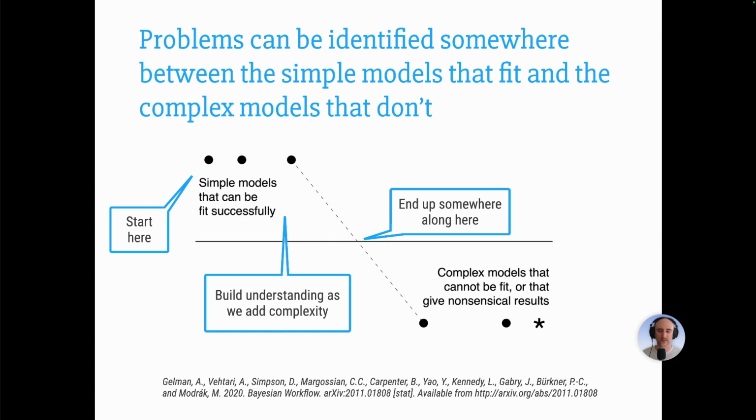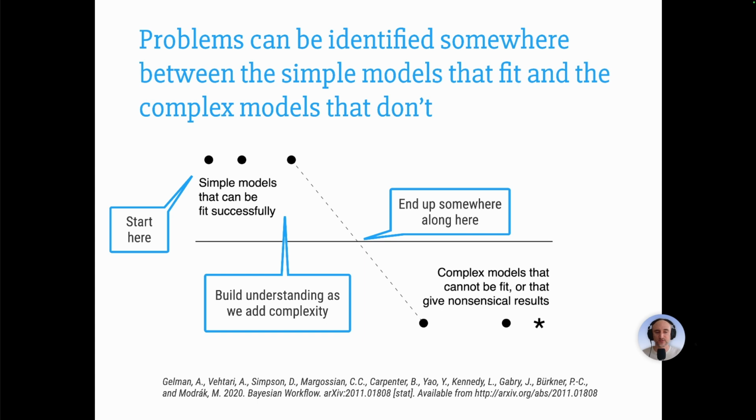I think this is a great graphic in that Bayesian workflow preprint. The idea is to find problems that can be identified somewhere between the simple models that we can fit and the complex models that we can't fit. So we start with really simple models that can be fit successfully. We add complexity and build understanding as we add complexity. At some point, if we get too complex, we have models that we can't fit, probably for computational reasons.